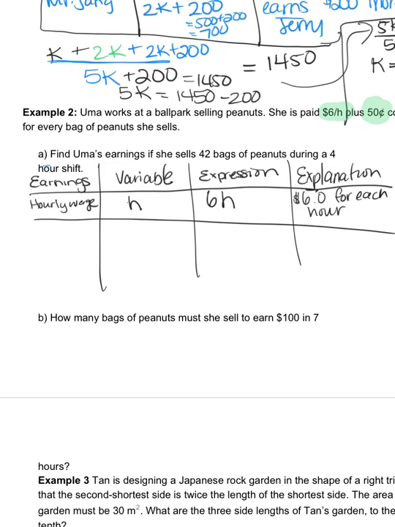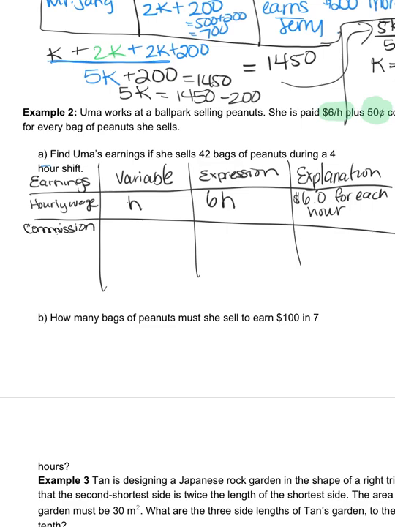And then she also makes commission, which is great because $6 an hour is not very much money. And commission, there's 2 M's in commission, my bad. So commission means that for each bag, you're given some sort of money.